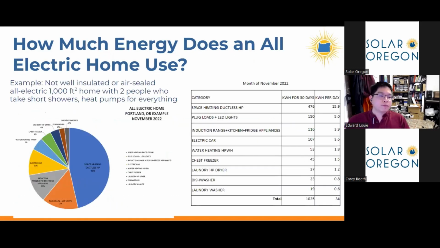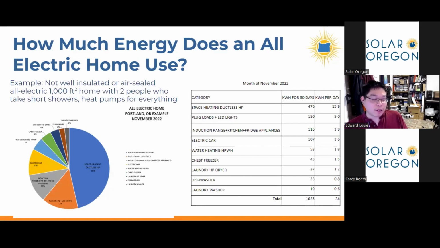And so here, I took the month of November of my all-electric home energy usage and looked at how many kilowatt hours per day I use in November. November is already in the winter, so it's 34 kilowatt hours per day. And so that is maybe a number I can use to size my battery if I were to put batteries on the main house. And as you see in the pie chart, even with a very efficient ductless heat pump, the main house is not passive.